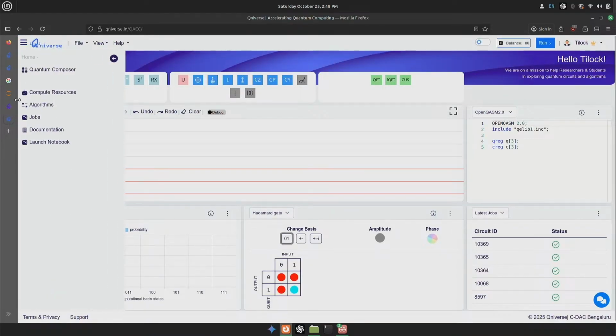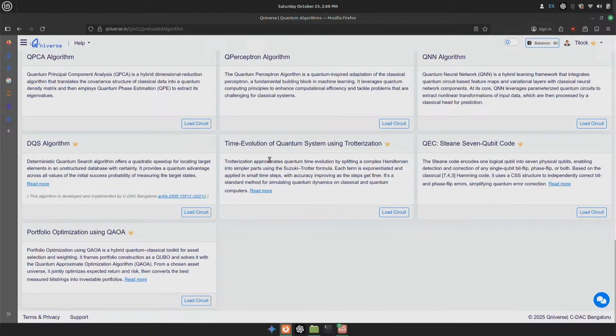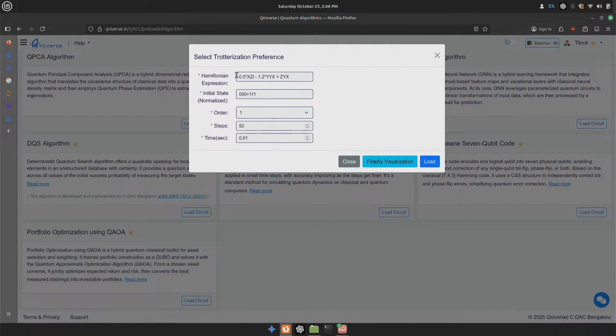So here, if you go into the algorithm palette, people who have already registered on this platform will receive this algorithm in the next update. But I think for the free users, that algorithm is still not available. So if you hit the load circuit button, here is my Hamiltonian input that I have in the Pauli string. And this is my initial state.